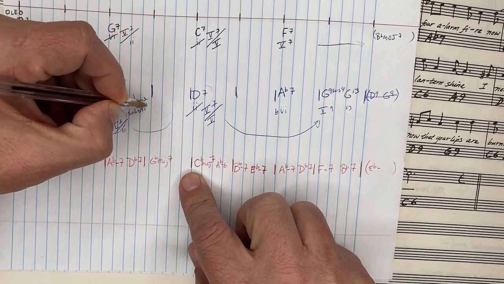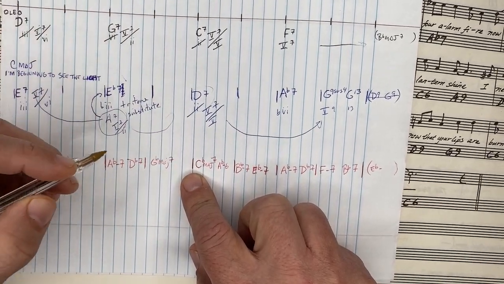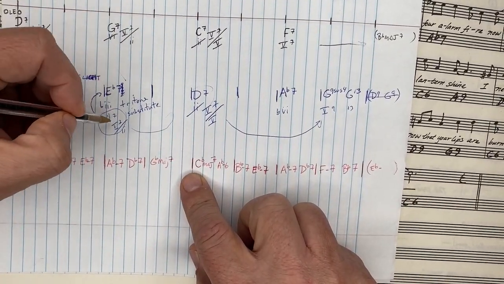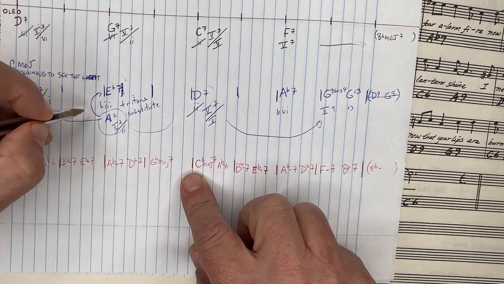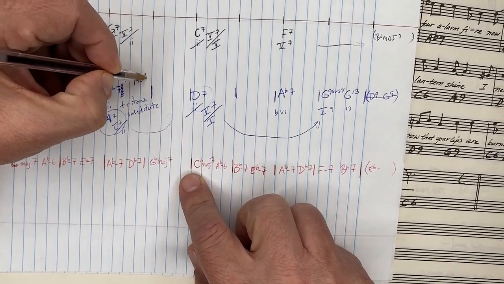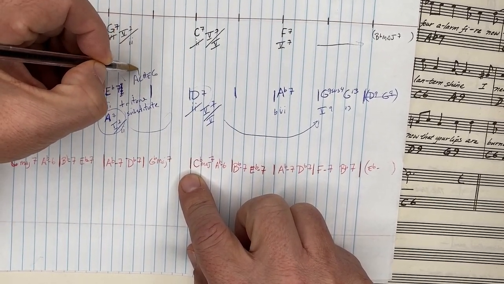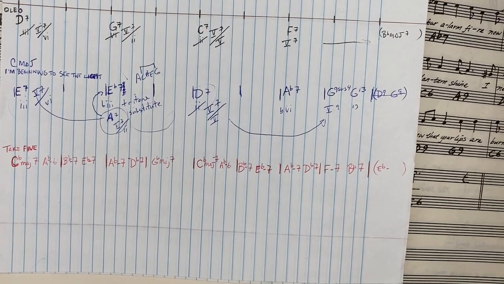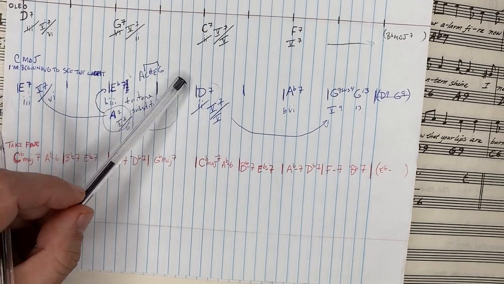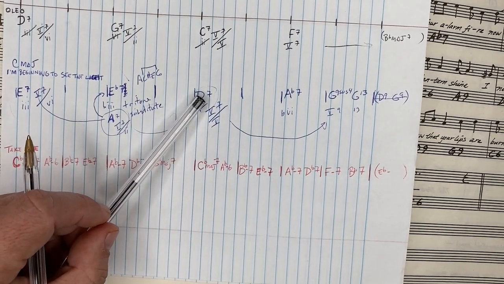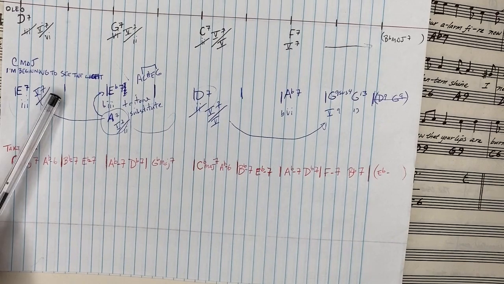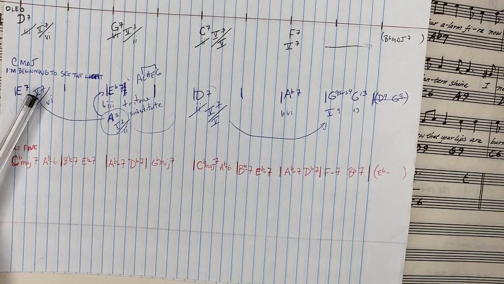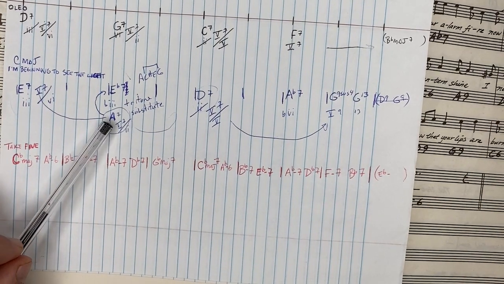Substitute. And the reason is, and I've talked about this in other videos, but so you don't have to go looking: if you look at this A7 that we should be going to, that's A, C sharp, E, and G. And these are the 2 important notes right there, the C sharp and the G, which push us into the D and the F sharp. And so it should go from the E7, and those 2 notes are pulling into the A7.